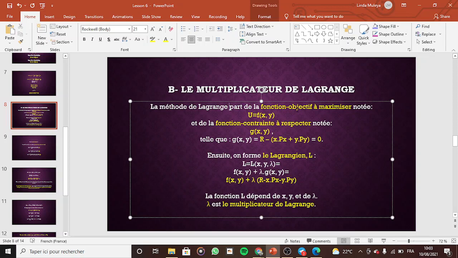And la fonction contrainte à respecter, that's in terms of your budget, which is g of x and of y. It's a case where, like we said previously, this formula is equal to your revenue formula, but in this case you see that it's slightly different. Let me just increase this point.